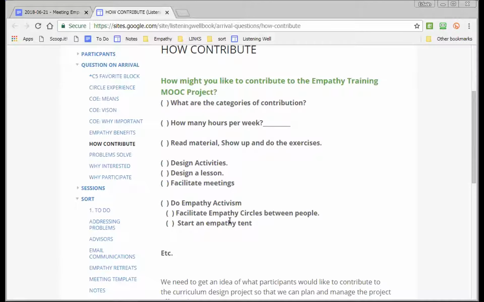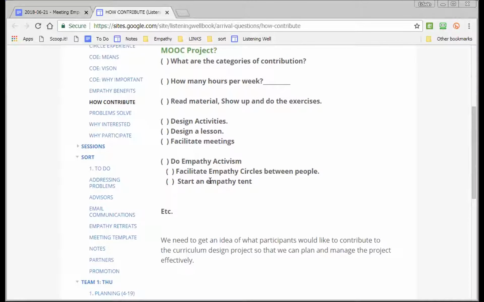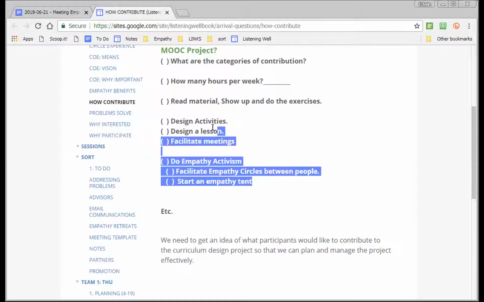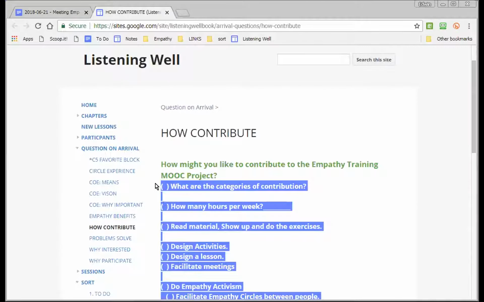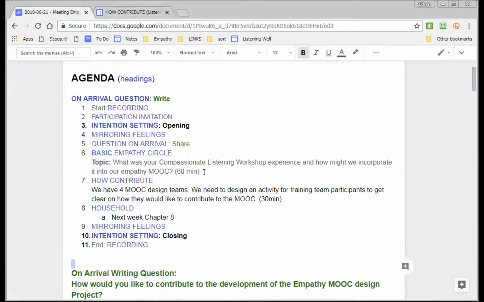And I was hearing Bob, that's what he would like to do in the fall, to do some circles and host some trainings, and then start an empathy tent. So both Bob and Celia are wanting to host empathy tents.